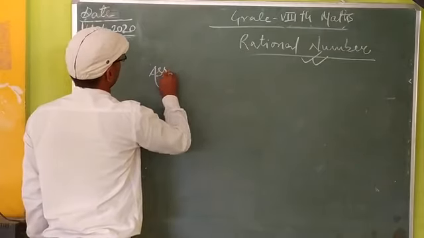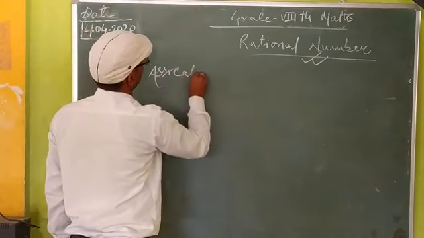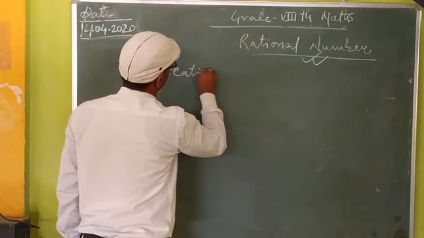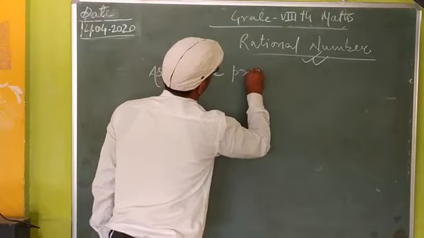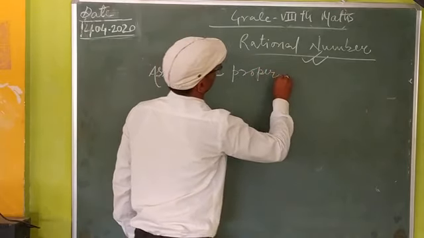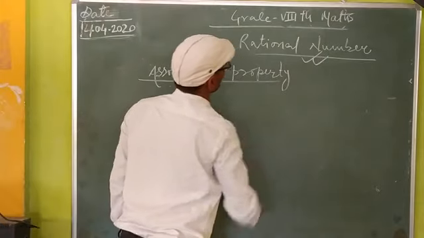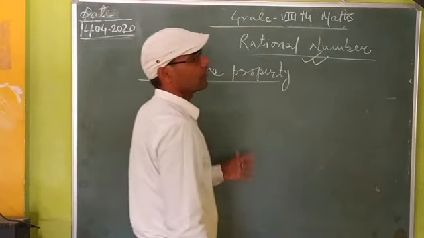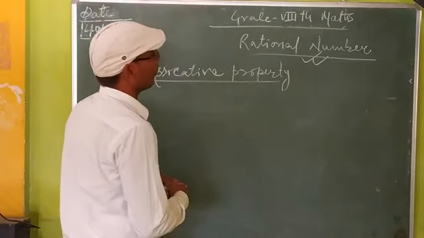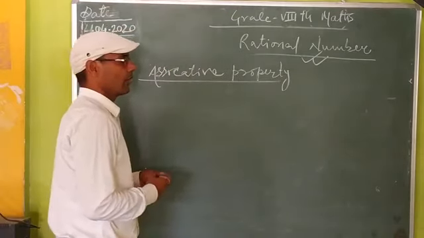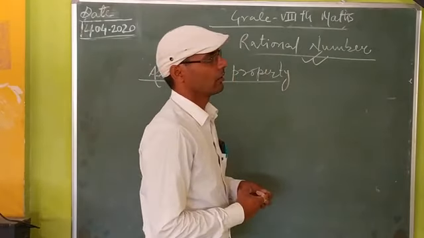Associative property. In this property, we will take three rational numbers and we have to see whether their addition and their multiplication remain the same or not.